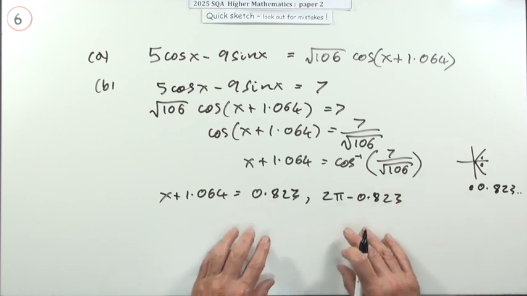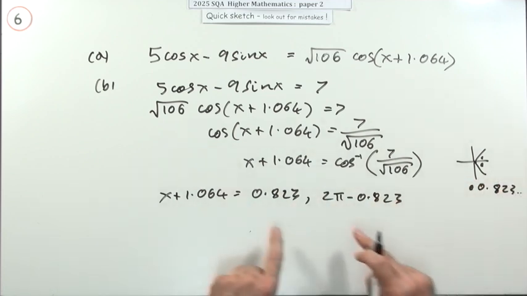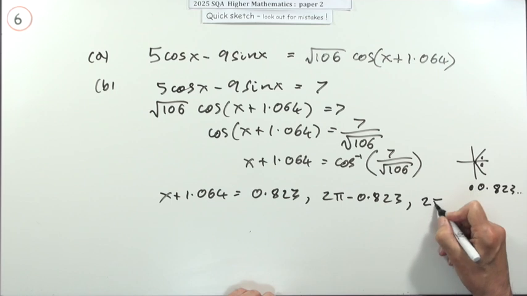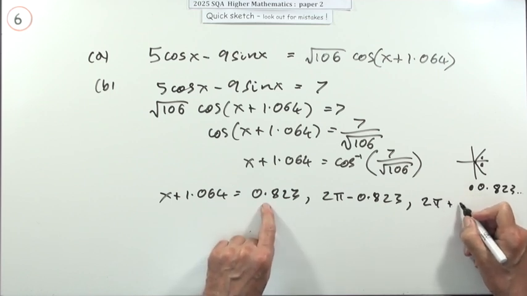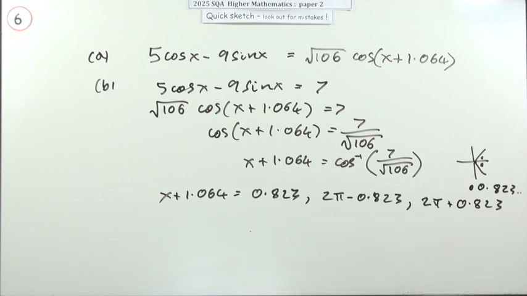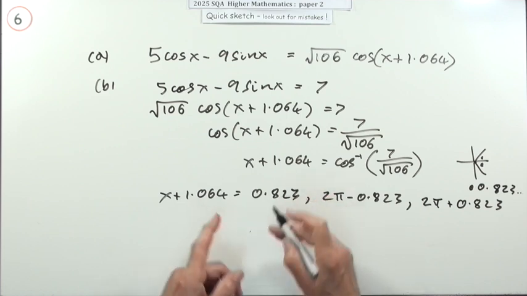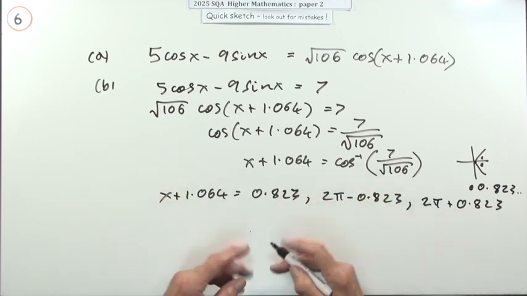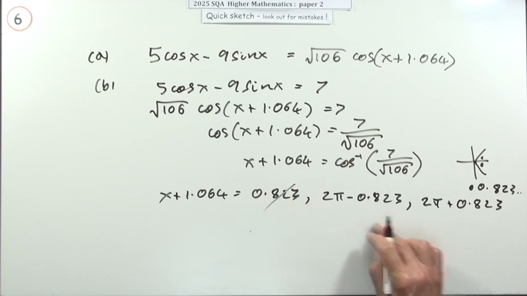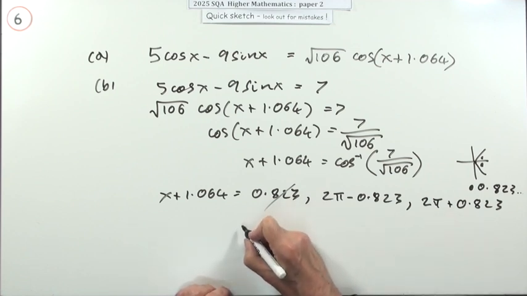So what you can do is you can go forward a whole wavelength and add 2 pi onto both of those. So there is another one, which would be 2 pi plus 0.823, because it goes on and on forever, doesn't it? In this case, I'm not going to bother with that one, because I know in advance you can work it out and then it turns out negative and you have to discard it anyway. So these are the 2 I want.